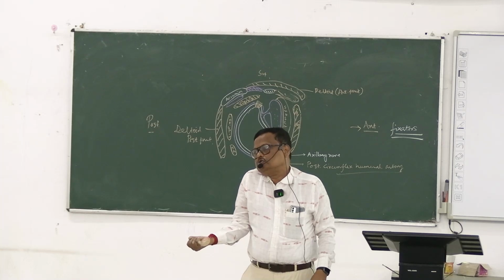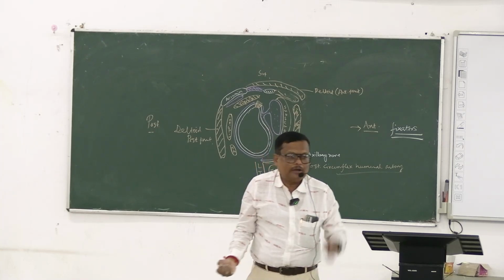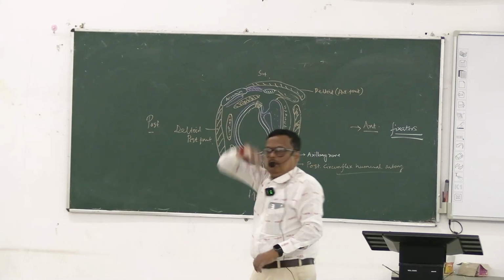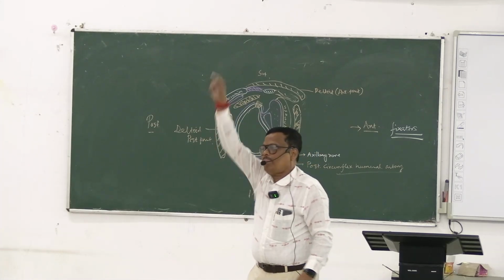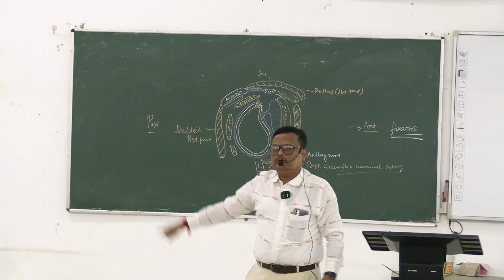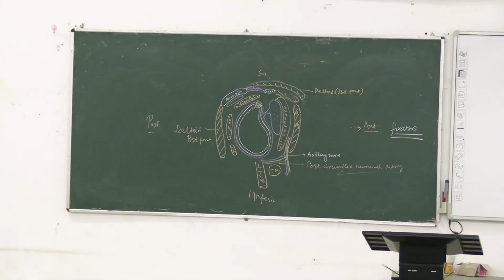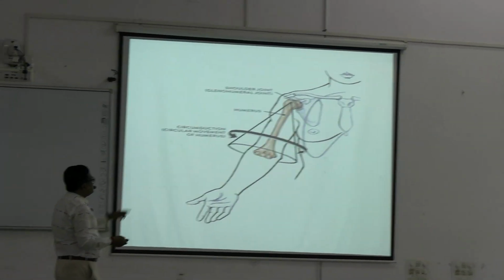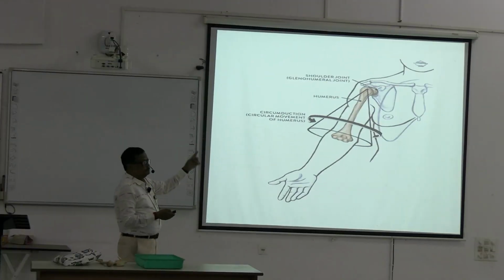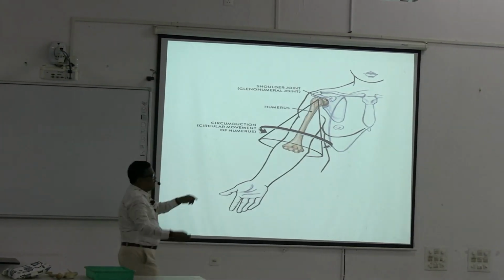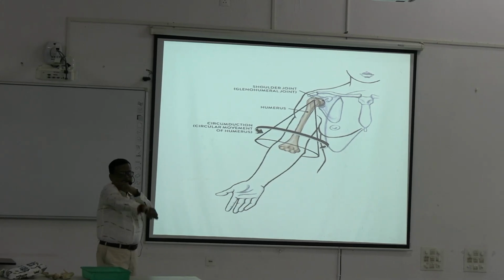rotation, lateral rotation. আরেকটা মুভমেন্ট বাকি দিয়েছি কি? Circumduction. এই যে circumduction. So these are the movements of the shoulder joint. This is the circumduction movement. It forms a cone, apex in the shoulder joint and base is here.